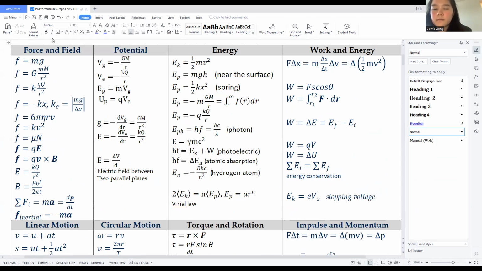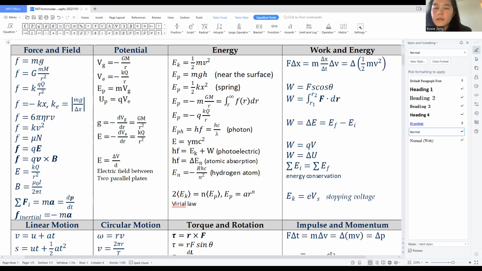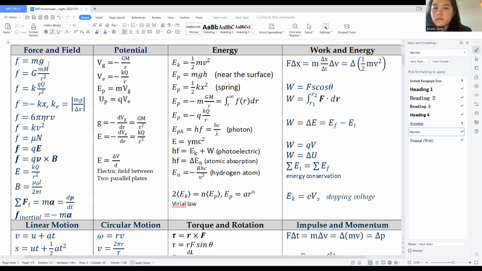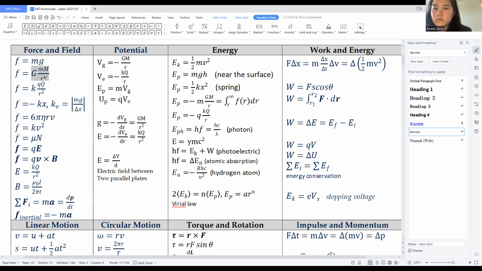But this formula is just for objects near the surface. If you are dealing with a planet or a satellite, you have to use this general formula. After all, this gravitational acceleration g can be simply written with this formula. Here is the gravitational formula, and I put in a different form of the force. This comes after I discuss Newton's law of gravitation, which they ask many times.